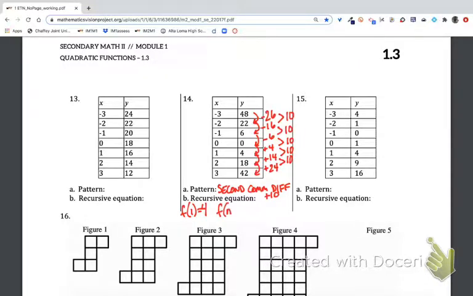F of x is equal to f of x minus 1 plus the second difference times x plus that y-intercept. Now the y-intercept is when x is equal to 0, it's the y value. So it would be here. Or you could just say plus 0 does not need to be written.